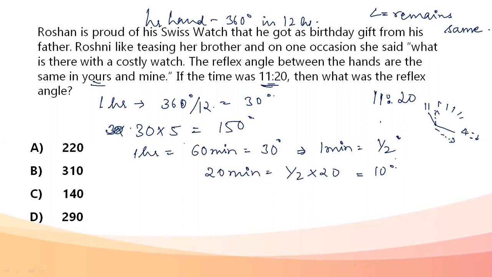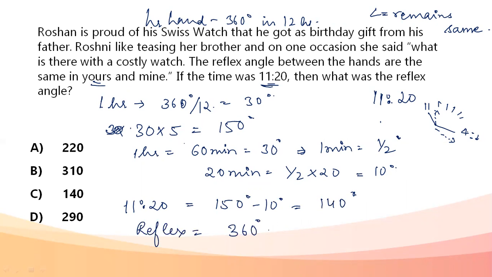So the angle at 11:20 becomes 150 minus this 10 degrees, because this is the deviation, which gives 140 degrees. And I need the reflex angle, so it becomes 360 degrees minus the angle between the hands of the clock. So this becomes 220 degrees. My answer is option A, 220 degrees.